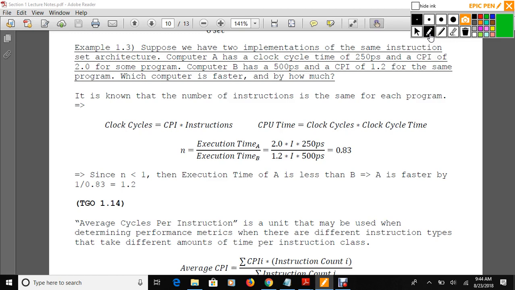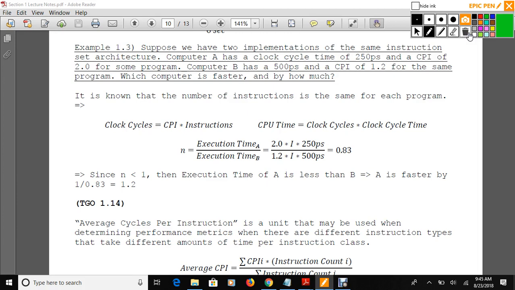So if you recall from your equations, we correlated execution time. We have 2 different execution times, and we're trying to figure out which computer is faster, right? So we have clock cycle time, which is 1 over clock rate for each of these 2 computers. And in order to actually run the programs, the cycles per instruction is 1.2 versus 2.0.